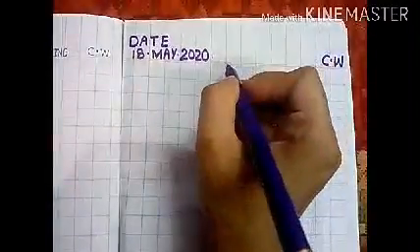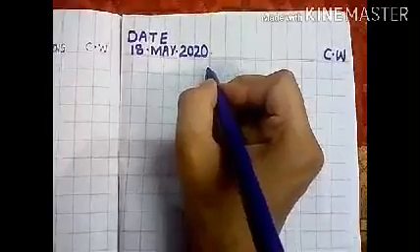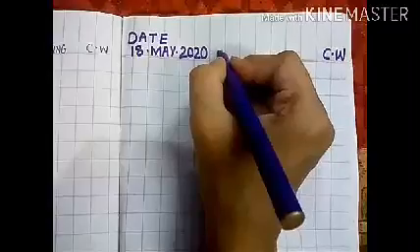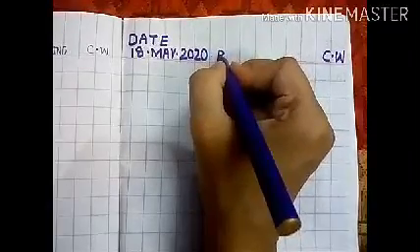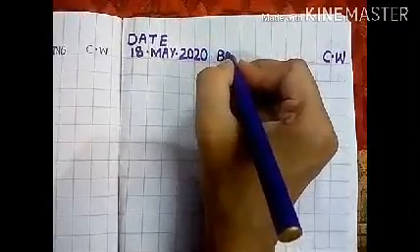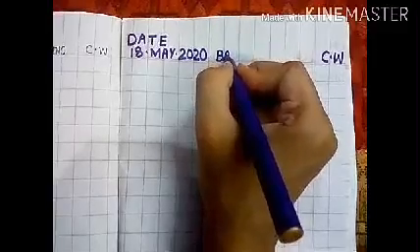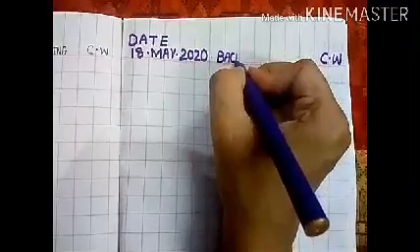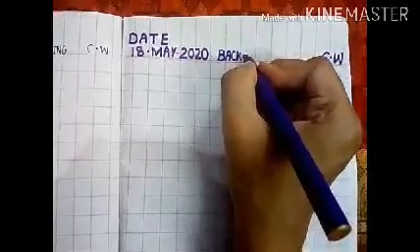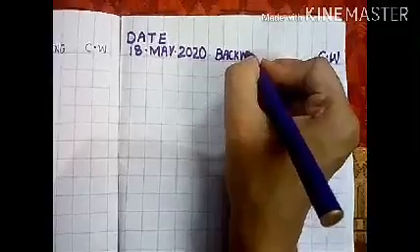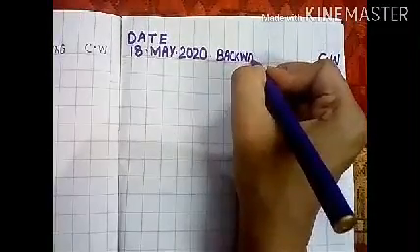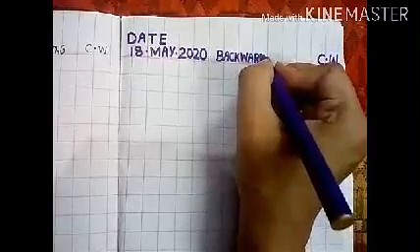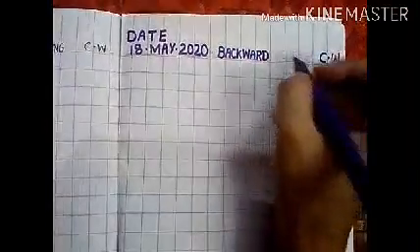In the middle, write down in the capital letters, you have to write down backward counting. Write down B A C K W A R D, backward counting.